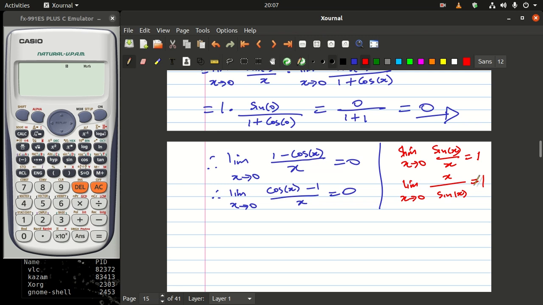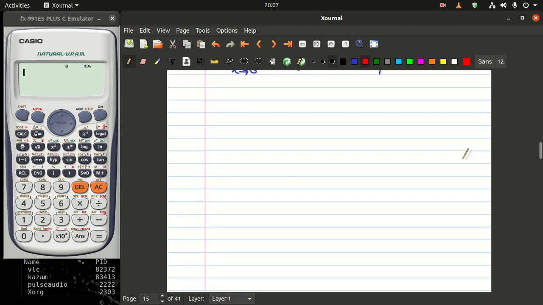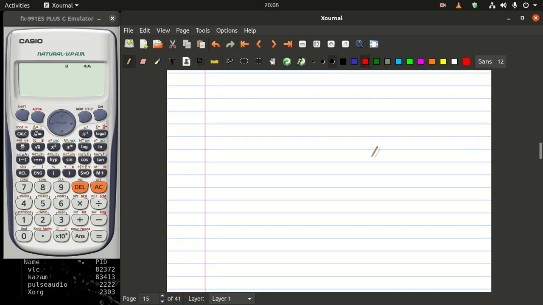If you don't want to use this, you can just take the negative exponent of that, take the limit first, and then take the negative exponent of 1, and then you end up getting this. Let us proceed to another example here.